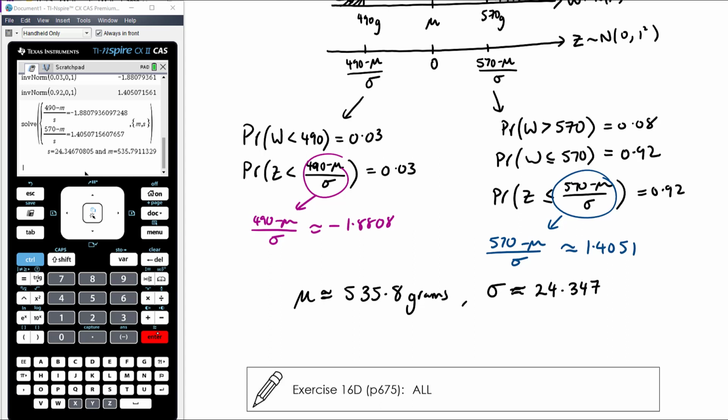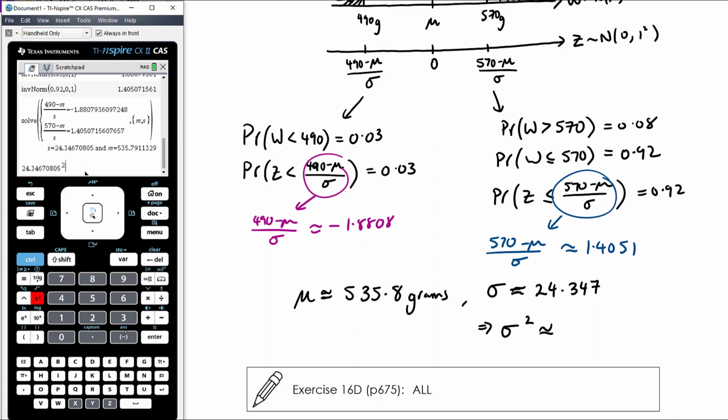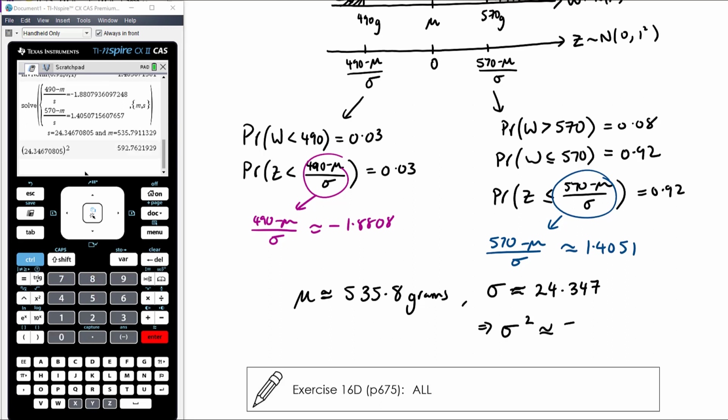Now I haven't given that to 1 decimal place because we don't want the standard deviation, we want the variance. So I'm going to write as many decimal places as I can see here, 24.34670805 squared, to 1 decimal place, 592.8. Okay, now the units of the standard deviation is in grams, but the variance is in square grams, which is meaningless, so I wouldn't write units on the variance.